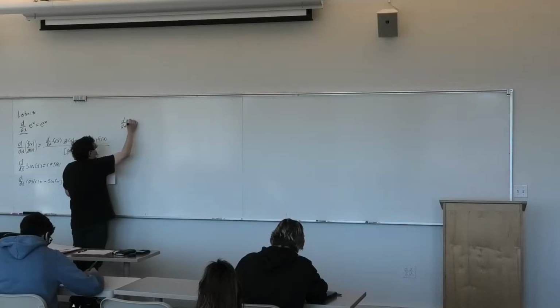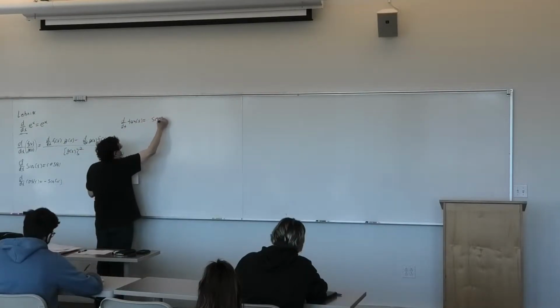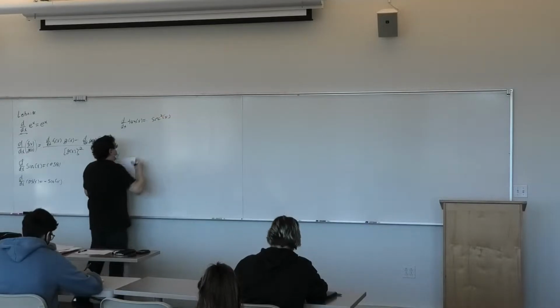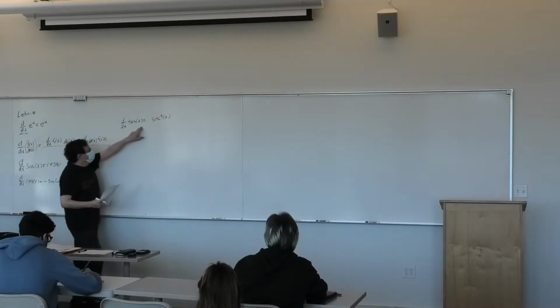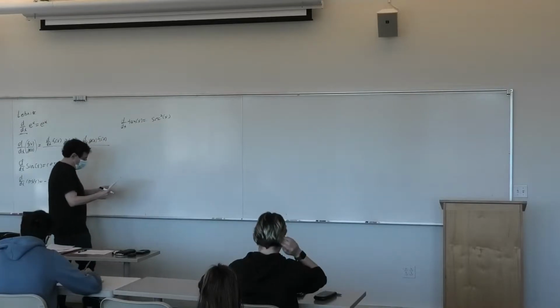Derivative of the tangent is the secant squared. Once you know these, you can derive all the others using product and quotient rule, but these three are the most important to kind of have burned into your memory.